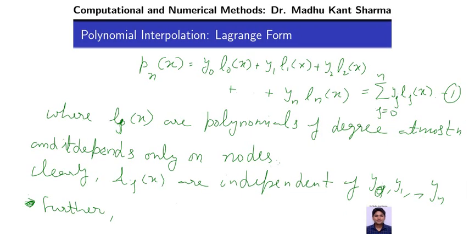Further, Pn of xk is equal to the summation j equals 0 to n of yj Lj of xk. Note that these Lj of x are independent of ordinates, so these ordinates could even be 0 for all j's.